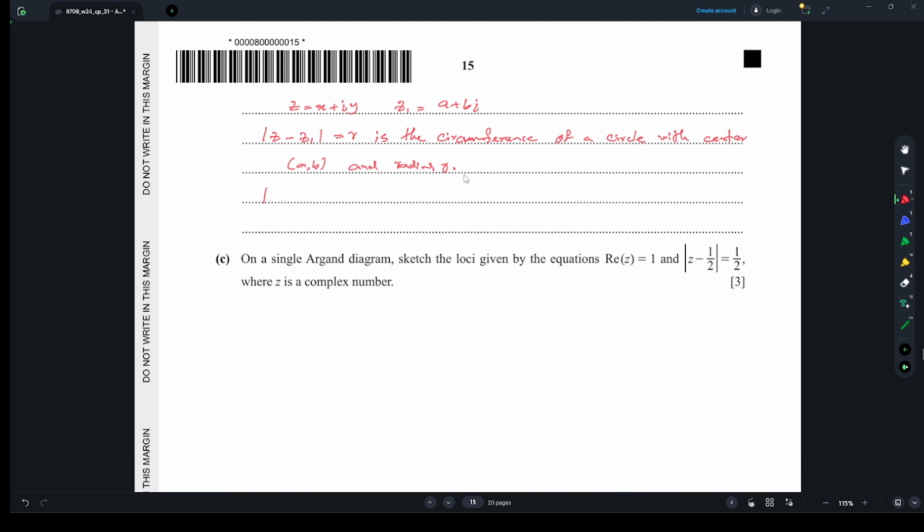That means here z minus, instead of z1, I can write a plus bi, equals r. So you have to remember that.